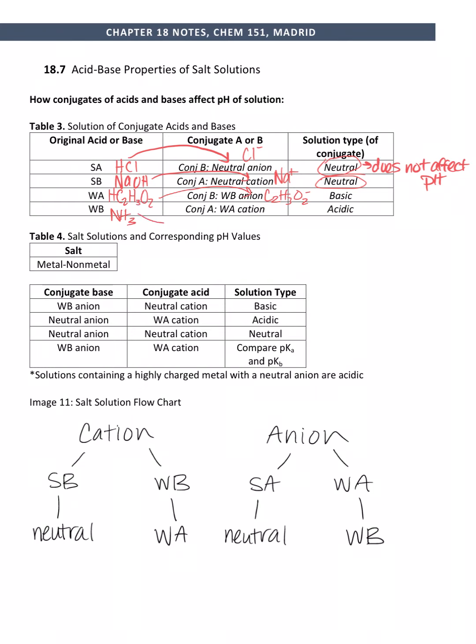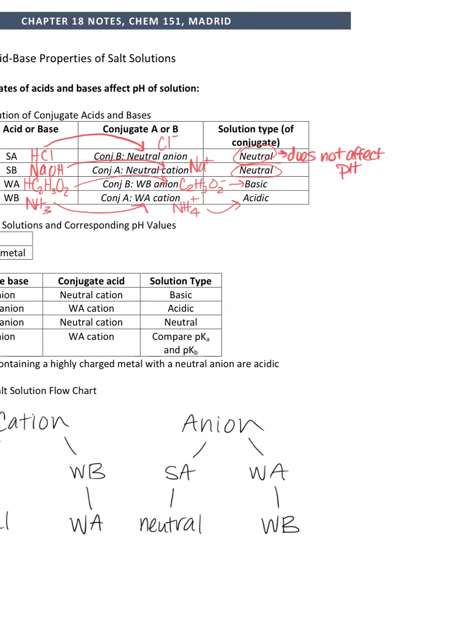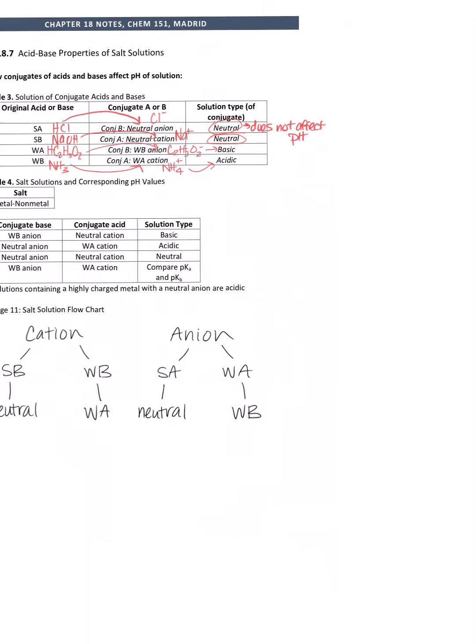When it dissolves in water, the cation is going to be ammonium. Both of these actually do affect the pH of the solution because they react with water. The acetate reacts with water to form a basic solution, and ammonium reacts with water to form an acidic solution.